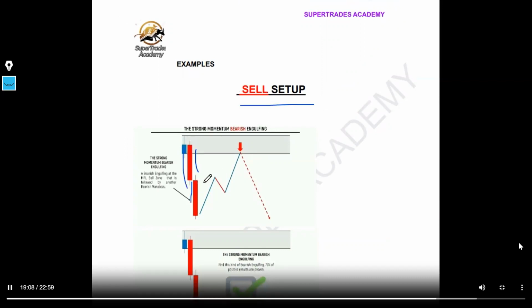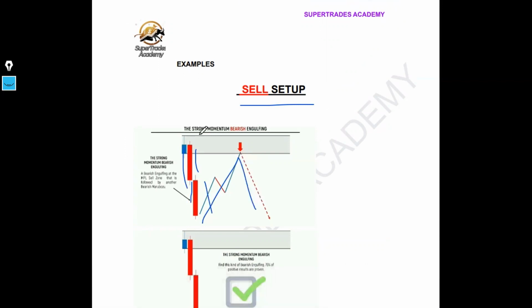As you can see here, this is a strong Marubozu, followed by another Marubozu. The market will come back and go. So the stronger the momentum from the supply zone, the better the price will react on this zone and go down. The stronger momentum must be applied. You can't see the market going like this from here and back. It must be straight, the momentum must be straight.